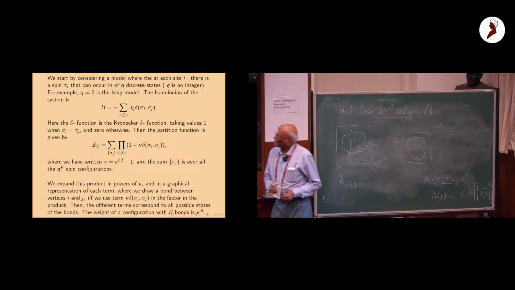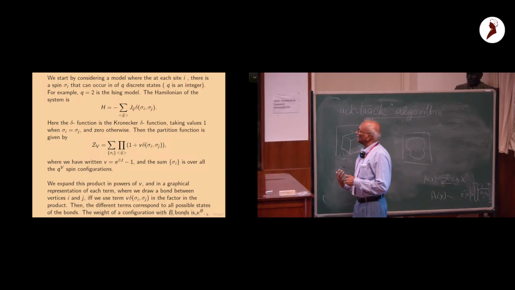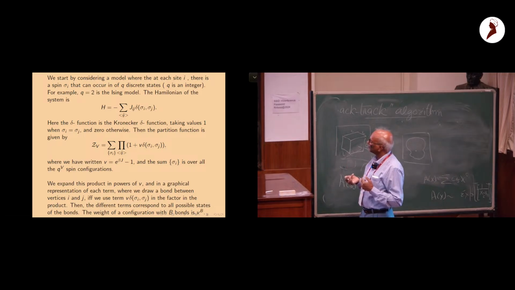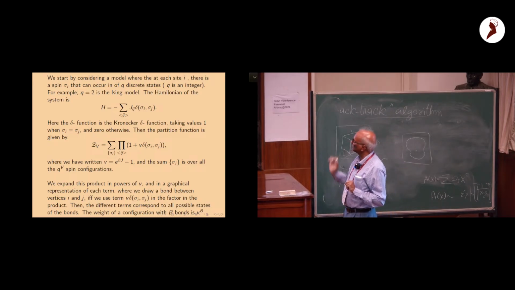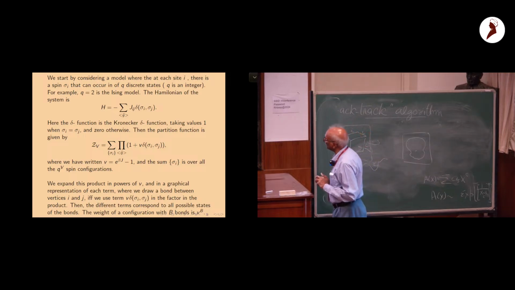So we start by considering a model where at each site there is a spin Si which can take q distinct values, and for example q equal to 2 is the Ising model where the spins are up and down, and the Hamiltonian of the system is minus J sum over ij delta function of sigma i, sigma j.